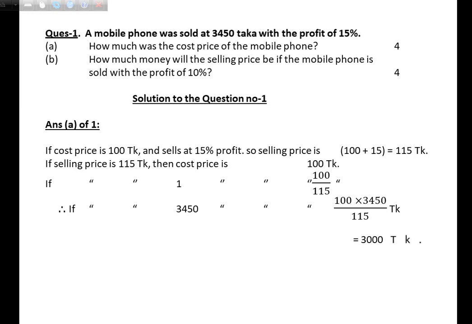If we calculate this, we get 3000 taka. So it is the cost price of the phone, and that is 3000 taka. That is the answer to this question. And now we're going to solve the second question.